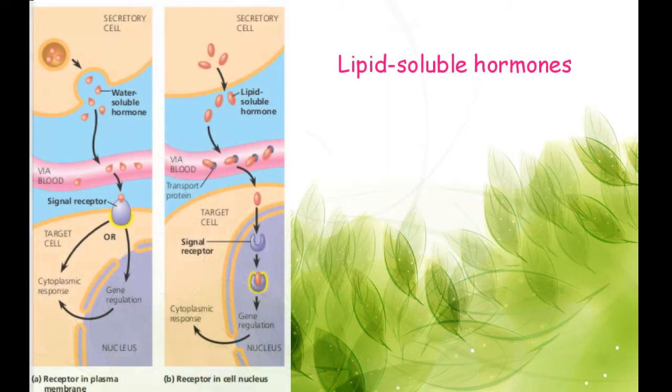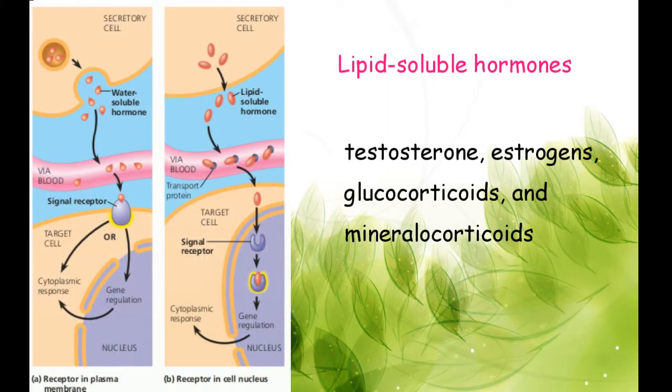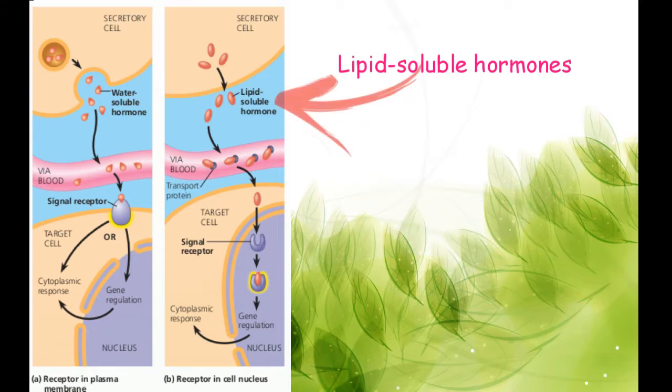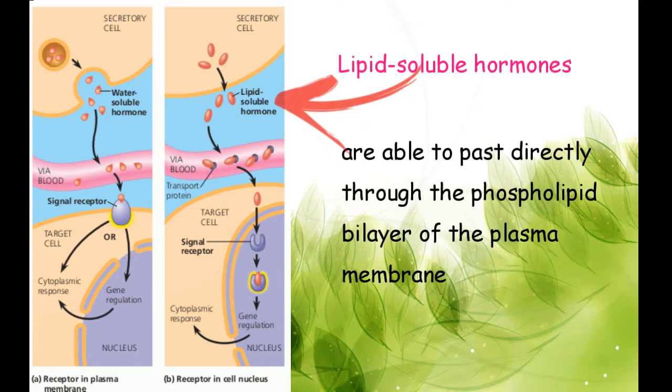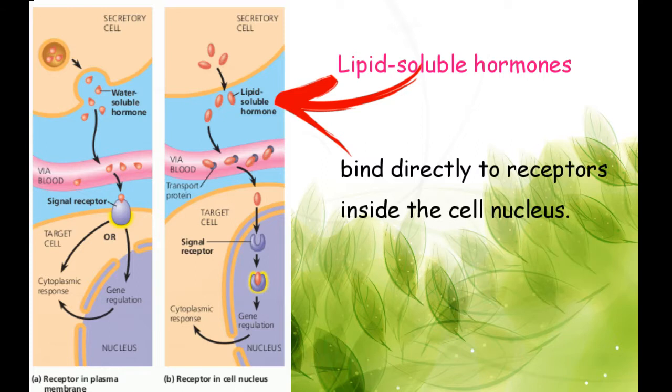Lipid-soluble hormones include the steroid hormones such as testosterone, estrogen, glucocorticoids, and mineralocorticoids. These hormones are able to pass directly through the phospholipid bilayer of the plasma membrane and bind directly to the receptor inside the cell nucleus.